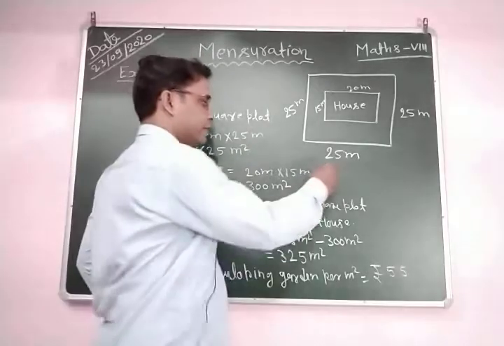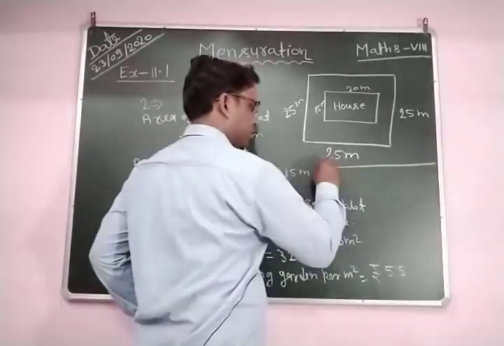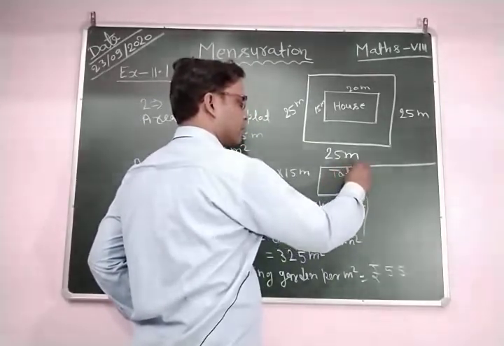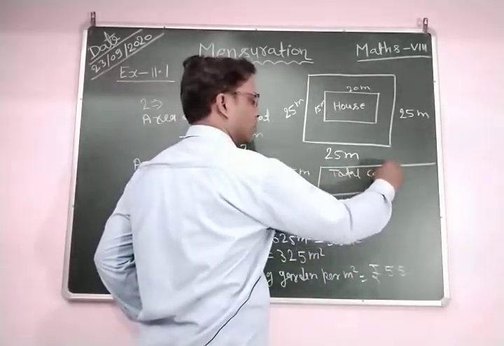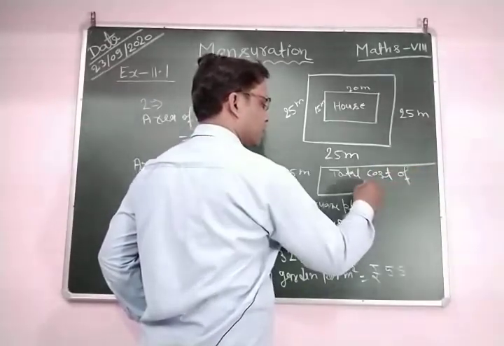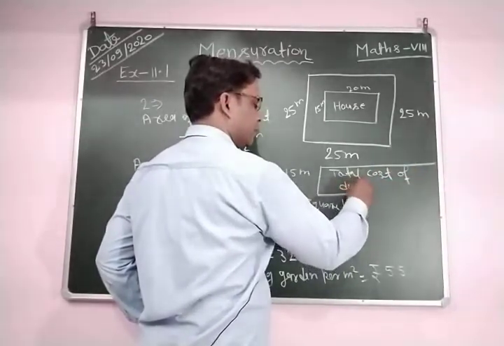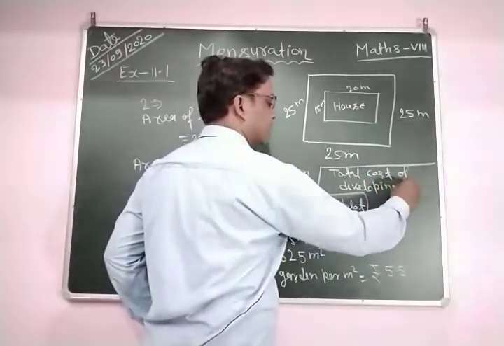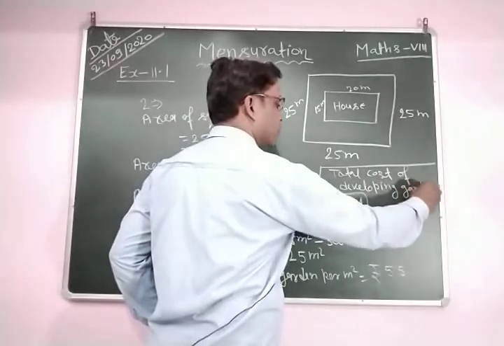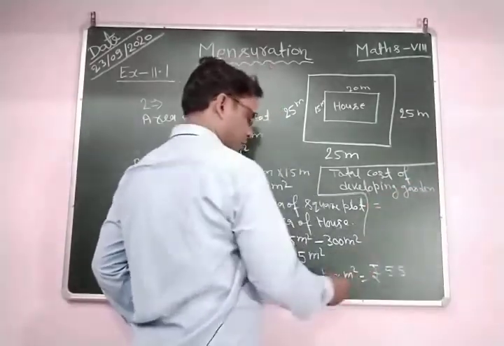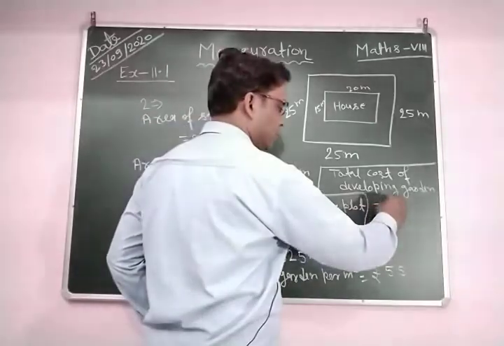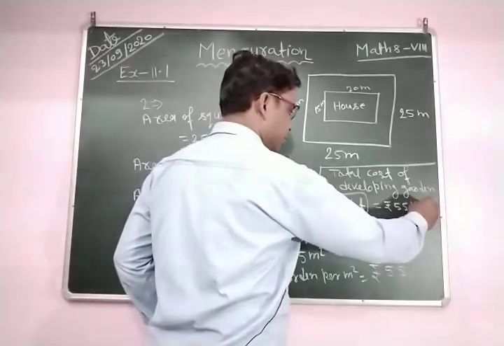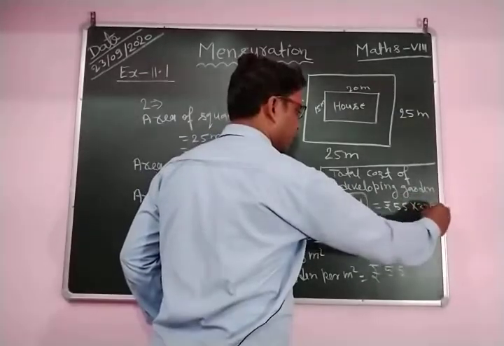So here you can write, total cost of developing garden is equal to 55 into 325.